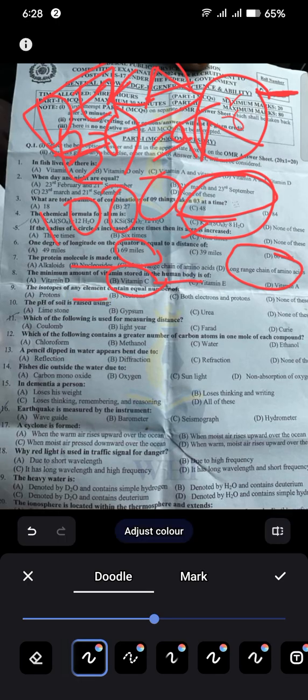Isotopes of an element contain an equal number of protons. It may be proton and electron, but that is a limited case when the atoms are neutral. When they are not neutral, the only option will be proton. So the pH of the soil can be increased by using limestone, which is calcium carbonate.